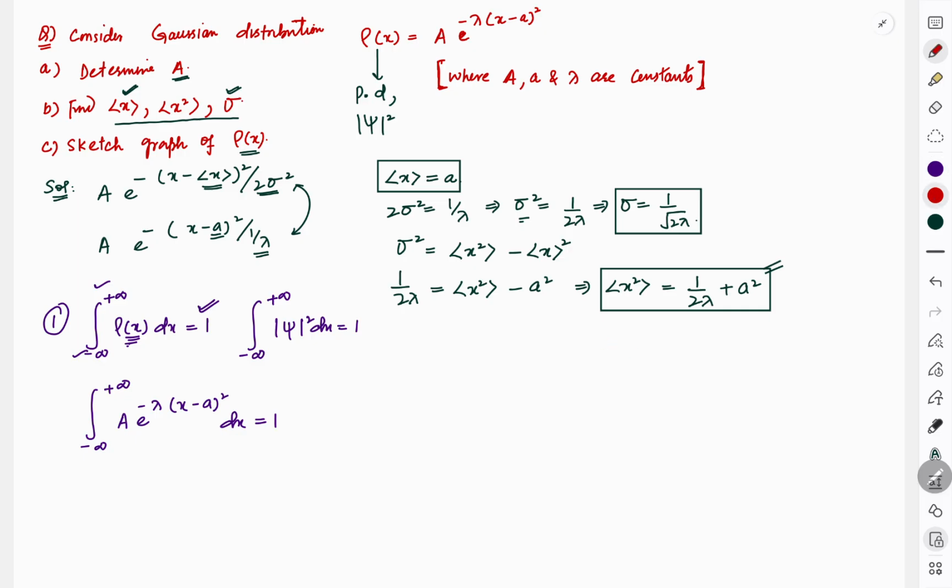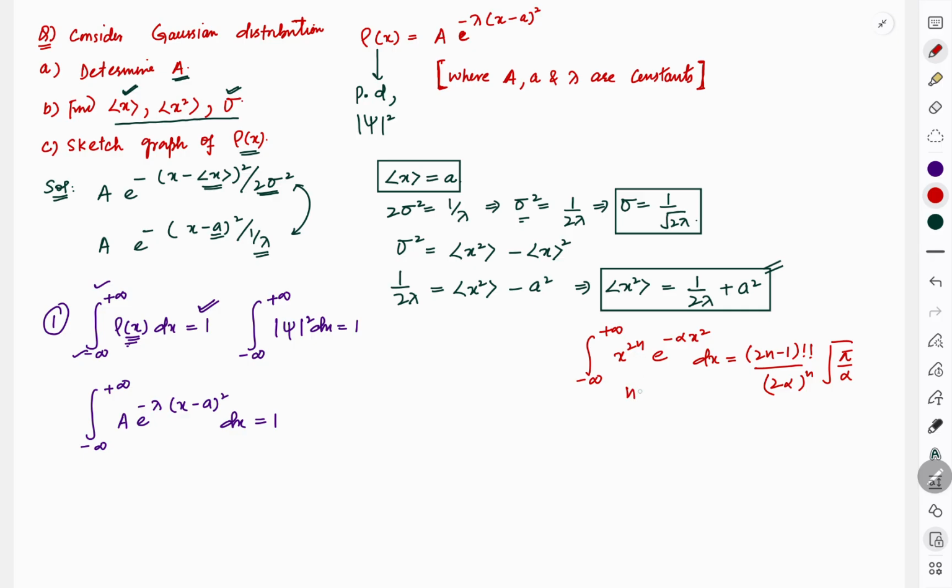There are many Gaussian integrals, but I only remember one, and I evaluate a whole lot of Gaussian integrals using it. It says the integral from minus infinity to plus infinity of x to the power 2n e to the power minus alpha x square d of x equals (2n minus 1) double factorial divided by 2 alpha to the power n, times root of pi by alpha.